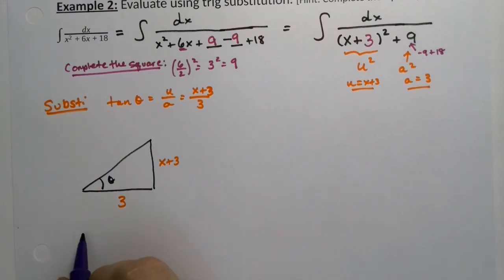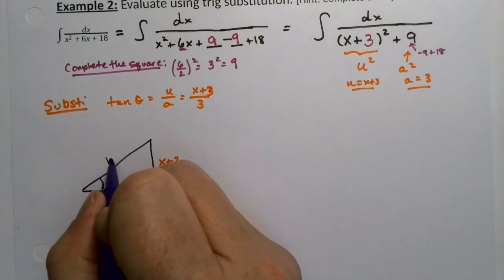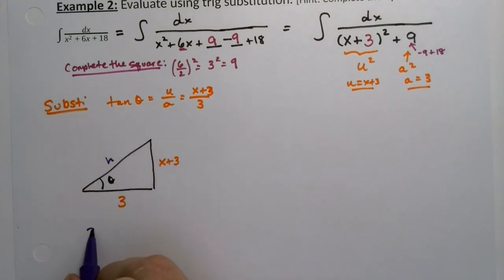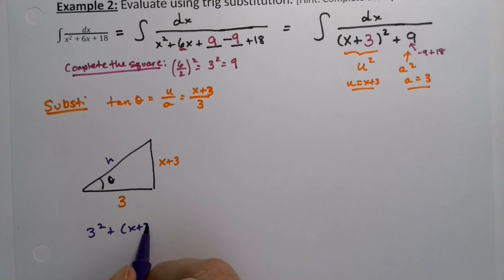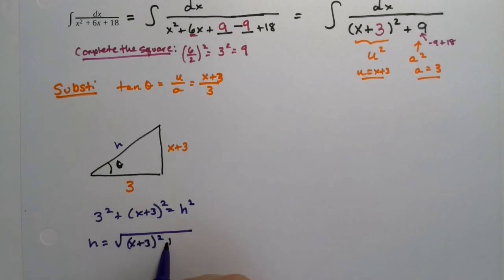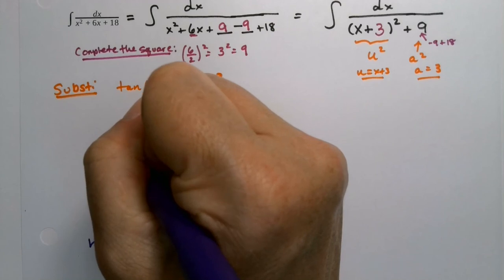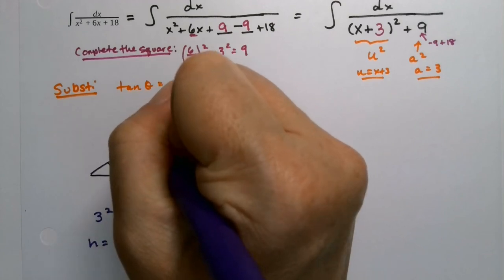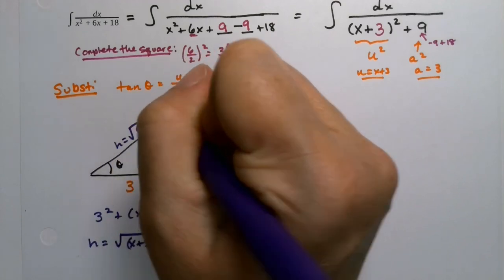So Pythagorean Theorem, if I call this h, because it's the hypotenuse, 3 squared plus (x plus 3) squared makes h squared. So h is equal to the square root of (x plus 3) squared plus 9. So this over here is the square root of (x plus 3) squared plus 9. Like that.